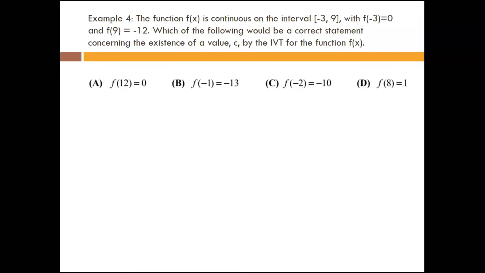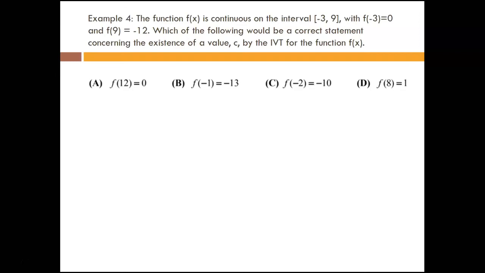This is an example of an AP multiple choice question. It says the function f of x is continuous on the interval from -3 to 9. So once again, we're told continuity. Continuity implies the application of IVT.